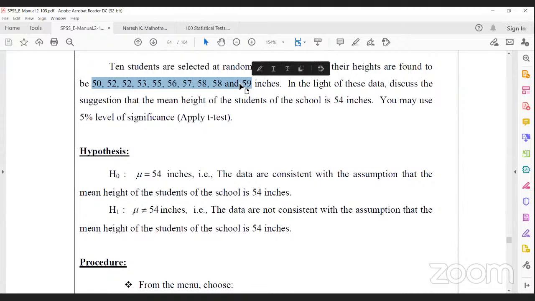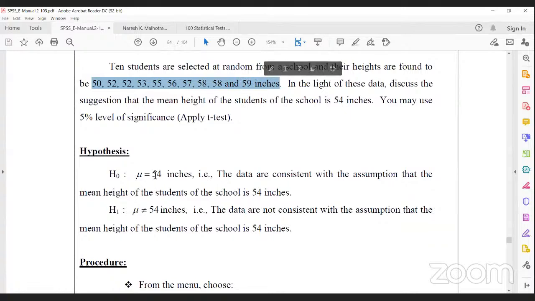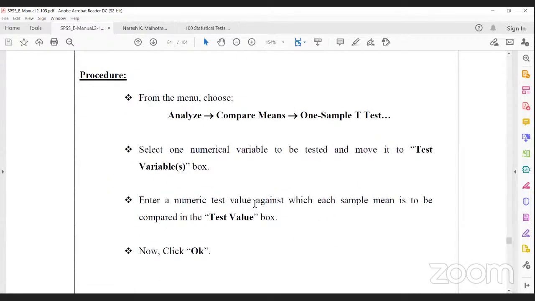We are not comparing with the individual values. The combined average of these observations is compared with the population mean.